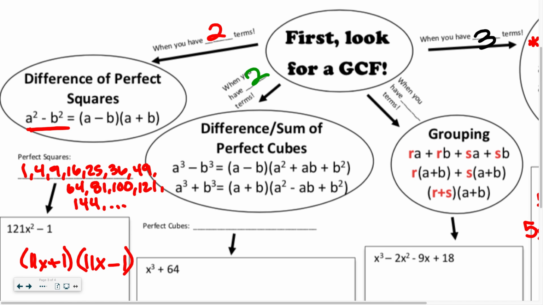Okay, now, again, we're in the business of working smarter, not harder. This thing can sometimes be a challenge for people because to factor sum and difference of perfect cubes, it's basically memorization of a pattern. I will tell you my trick to remember my sum and difference of perfect cubes.